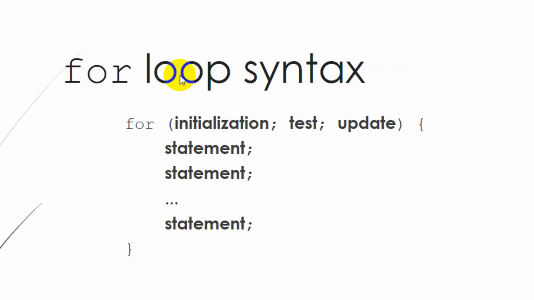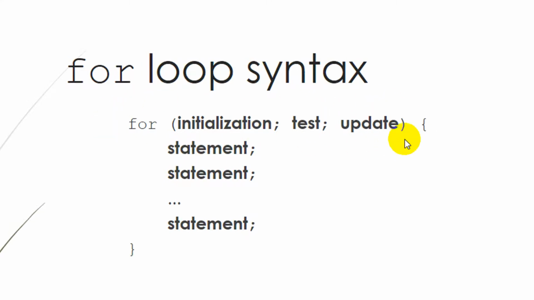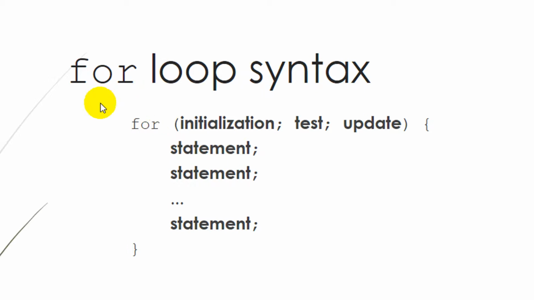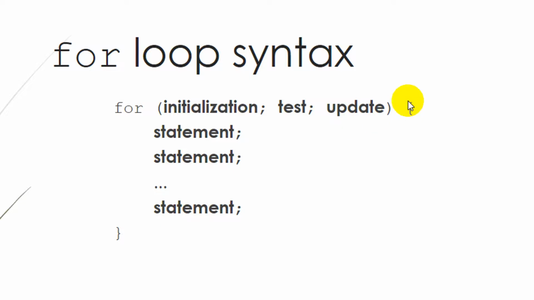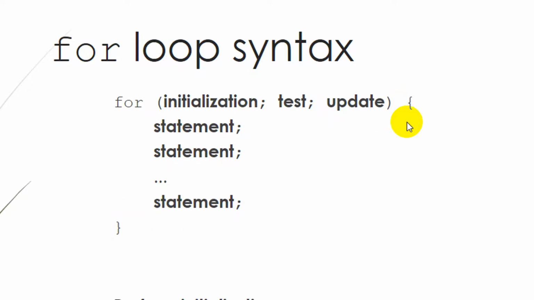With the for loop, you need to have an initializing condition, a test condition, and then how you want to update the condition. So all three parameters are required whenever you write a for statement. It needs the body. The body is always written in braces like this.